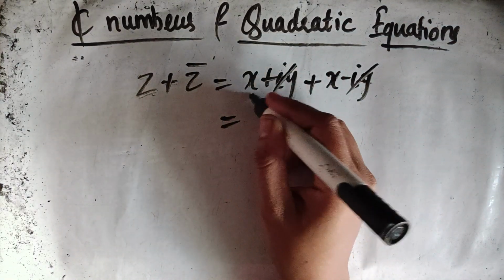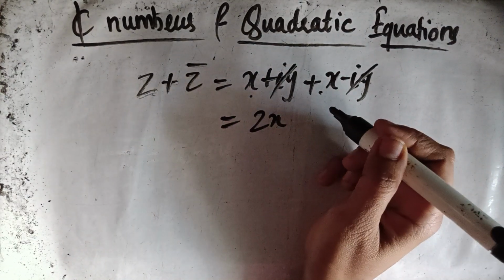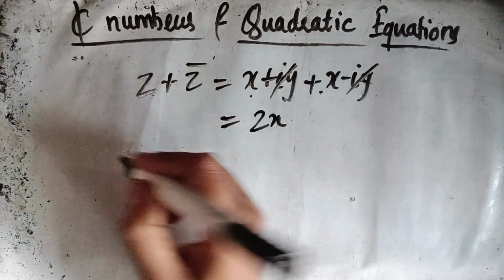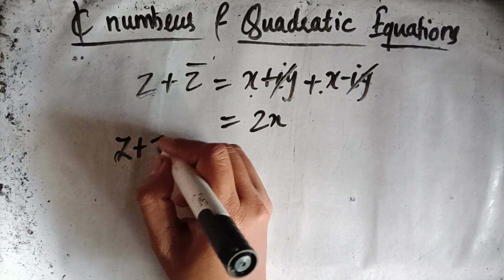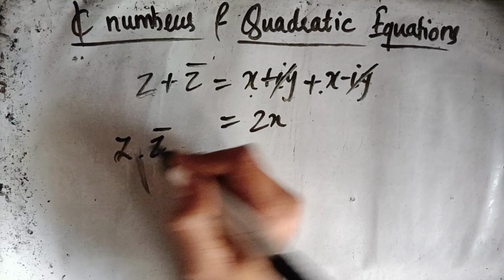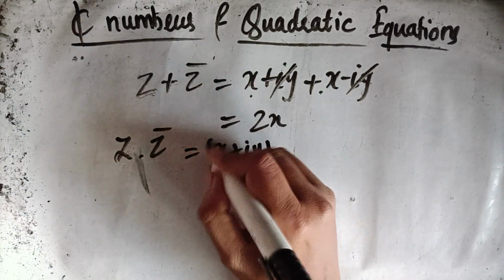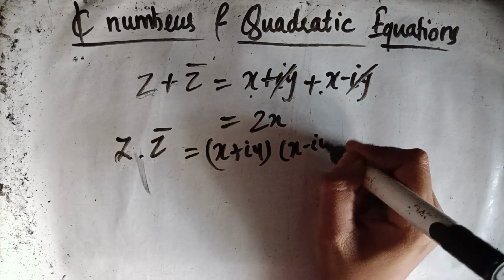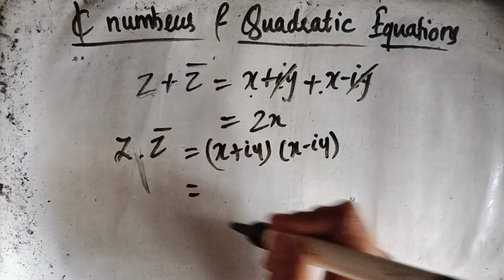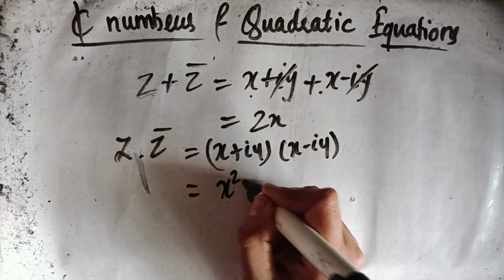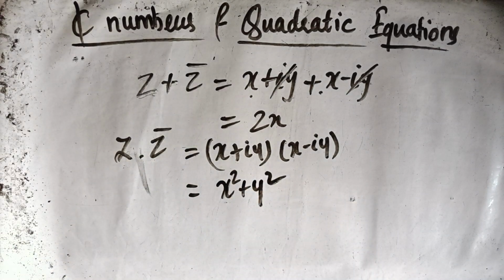So it will be a real number. Same way if you multiply with the conjugate, x plus iy into x minus iy, using (a plus b)(a minus b), you will get x square plus y square. Again, it is a real number.